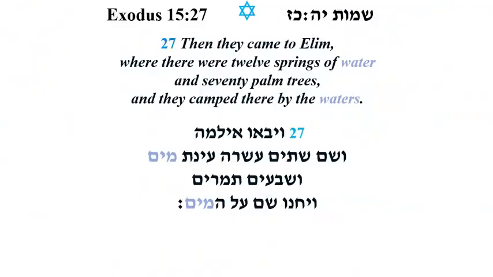If you notice in that second line, next to the last, it's Ayinot Mayim. Those are springs of water. So there's Ayin, you hear Ayinot, okay? And there were 70 palm trees. So remember, Ayin is 70. So it's combining the two of these, Ayin and 70, in the one verse. Very nice.